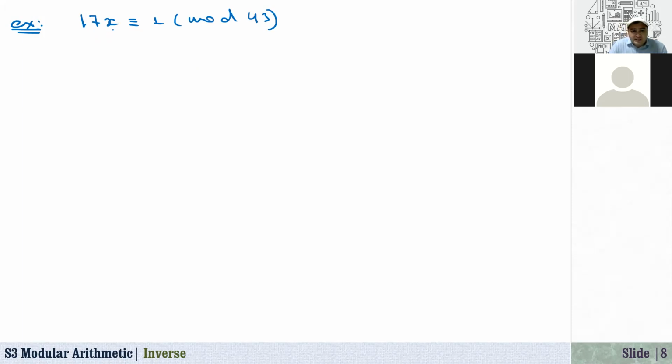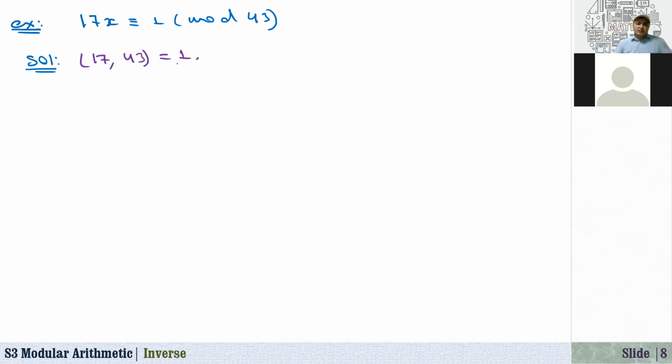The first observation is that the greatest common divisor of 17 and 43 is equal to 1, which means that such an x exists. It has the inverse, because not every number has an inverse. So it has an inverse. Now we need to find it.